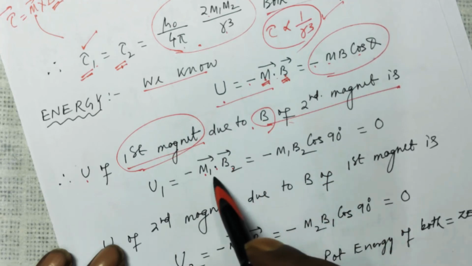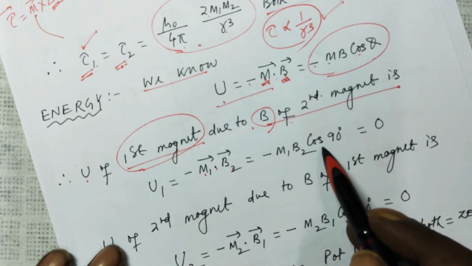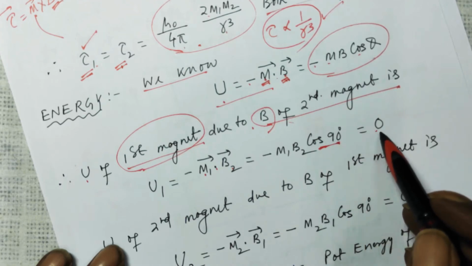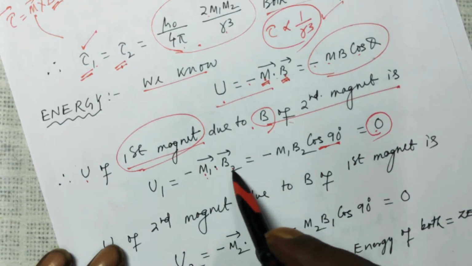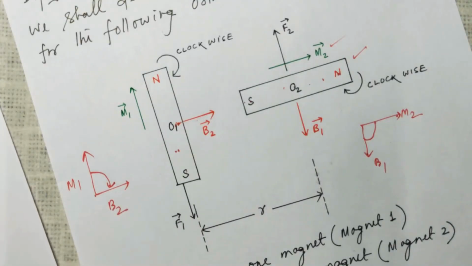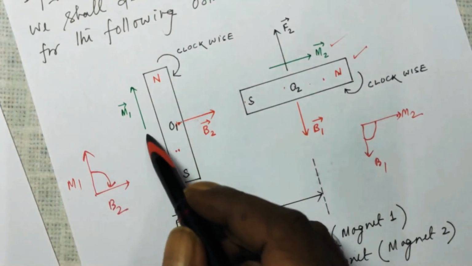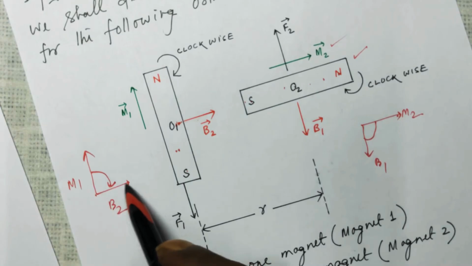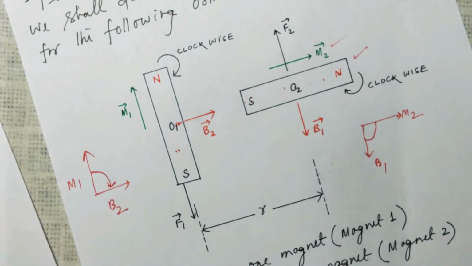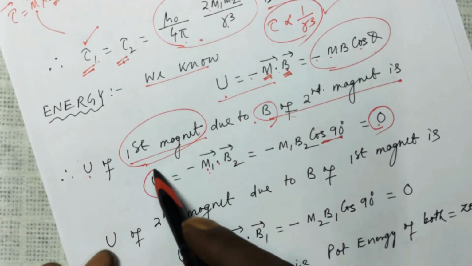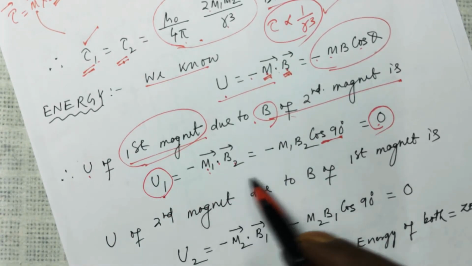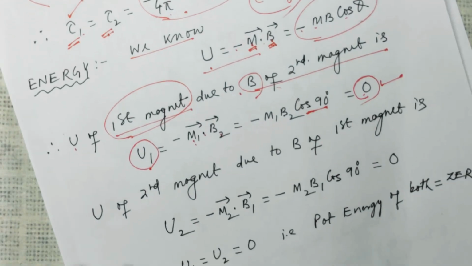Since it is a dot product, that's a cos term, and cos 90 is 0. So the potential energy is 0. Now look at the angle between M1 and B2. I have already explained: M1 is to this side, B2 is this side, the angle between them is 90, so cos 90 is 0. So the potential energy of the first bar magnet in the magnetic field of the second magnet is 0.